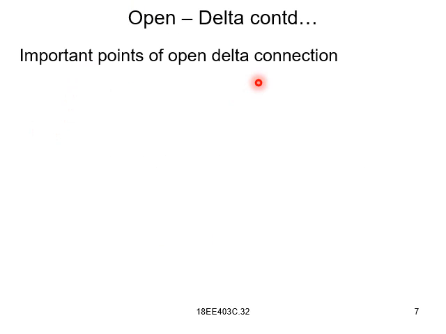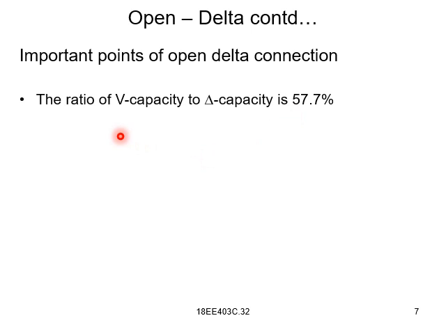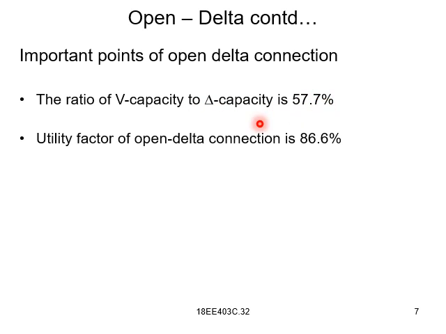So the important points of open delta connection are: the first one is the ratio of V capacity to delta capacity is 57.7%. The second point is the utility factor of open delta connection is 86.6%.